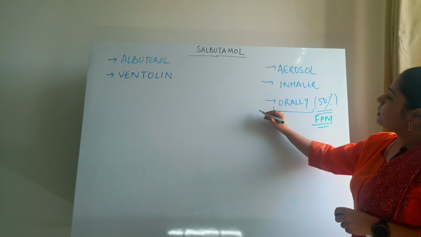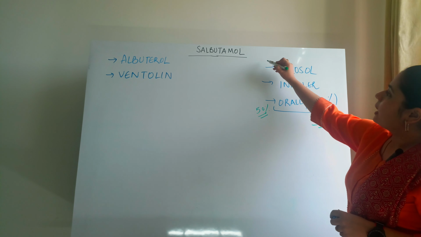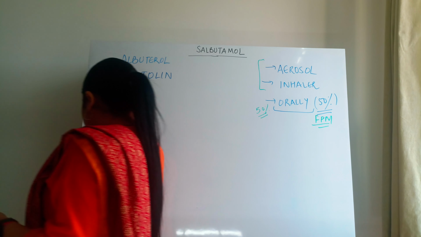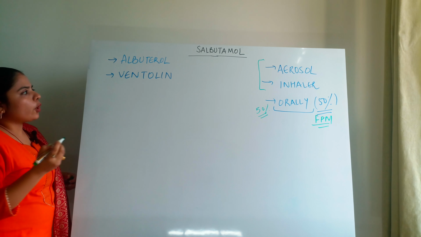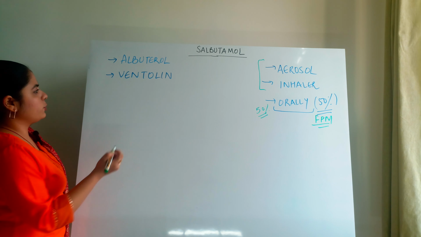So it is only 50% effective. Only 50% of the drug reaches the target site, whereas in case of aerosol or inhalers, the drug reaches the target site in a very short duration of time, but the action also lasts for a very short duration, right?